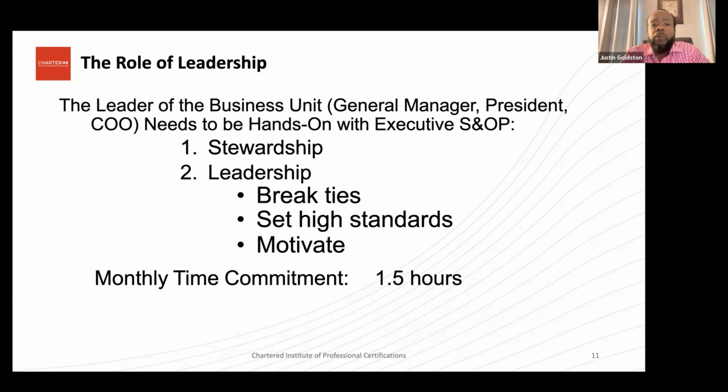So the executive has to provide stewardship to these discussions. They have to make the decision and break ties for these discussions. And one interesting approach that I've implemented, and one approach that we see a lot within professional services is, you have to set high standards.